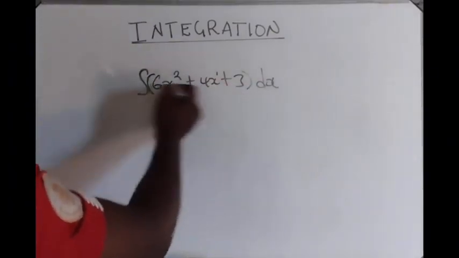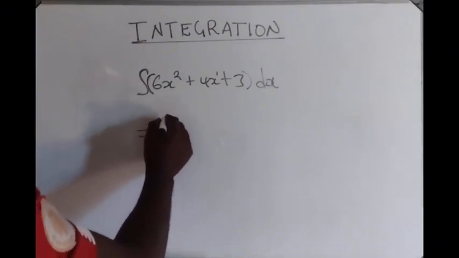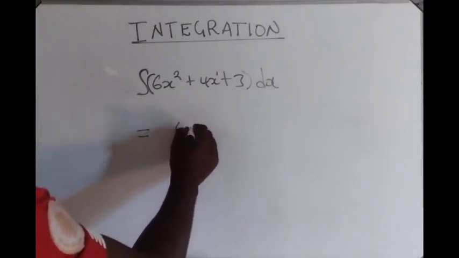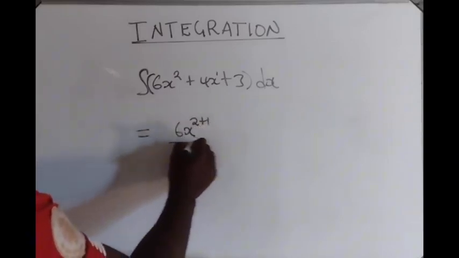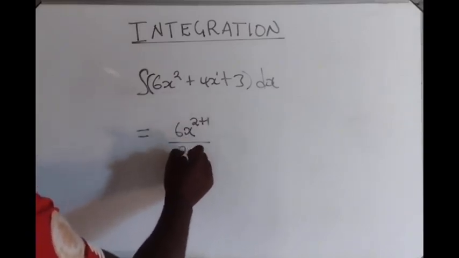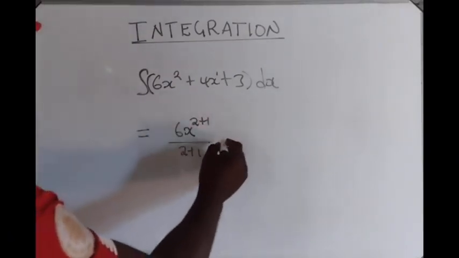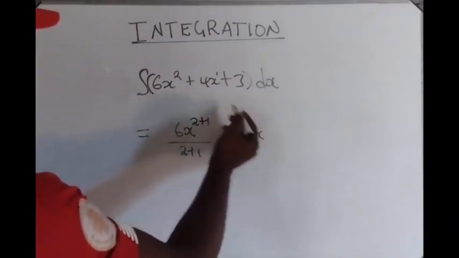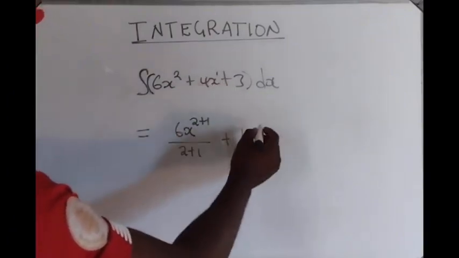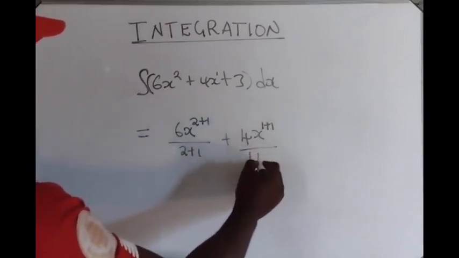To integrate this, it's going to be 6x, with the power added by 1 and divided by this power, which is 2 plus 1. That is the principle of integration. Then plus 4x, meaning this x is raised to the power of 1, so 1 plus 1, again over the same power, 1 plus 1.